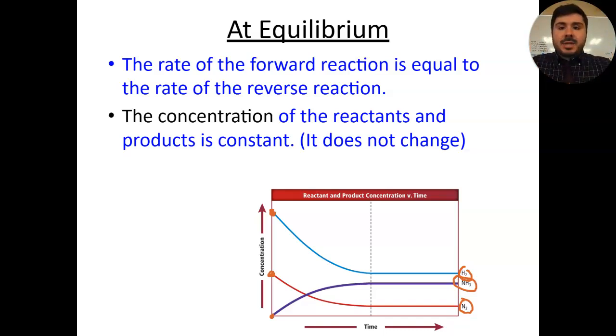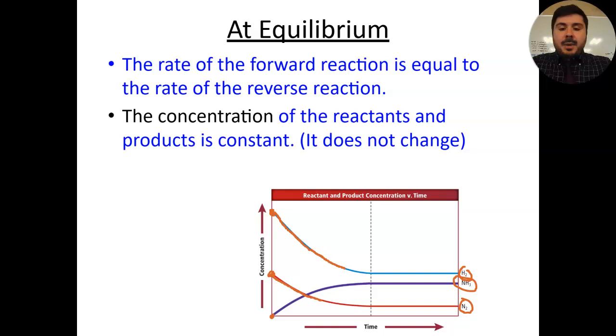They've not yet collided to start forming and reacting into products. As those collisions occur, the concentration of your H2 is going to slowly go down, and the concentration of your N2 is also going to slowly go down.